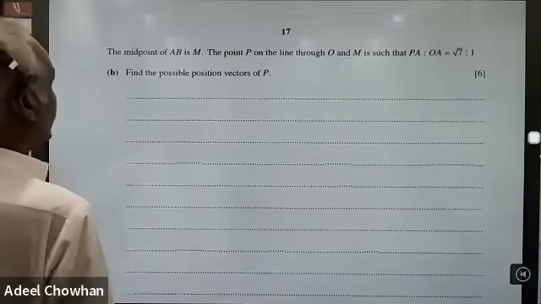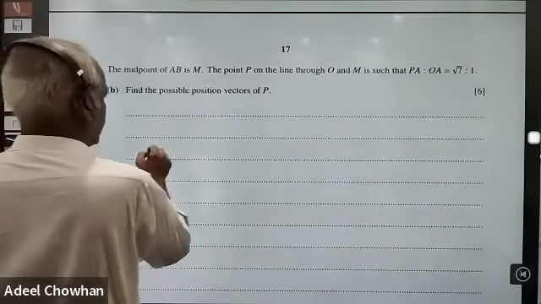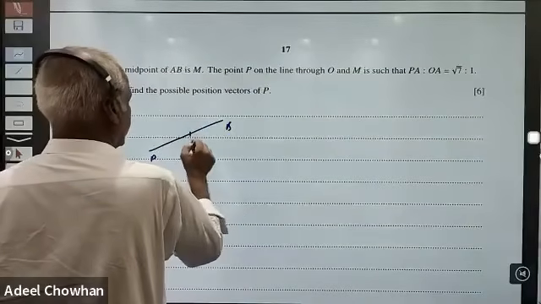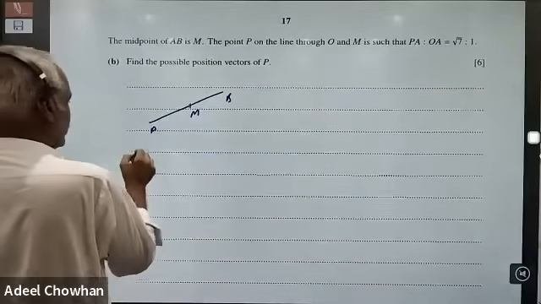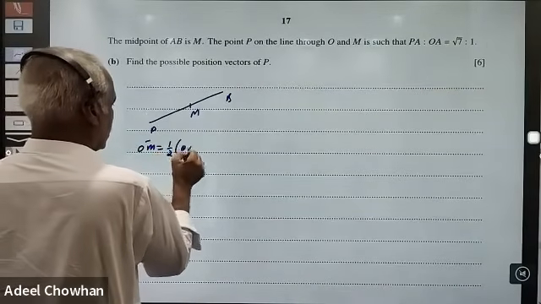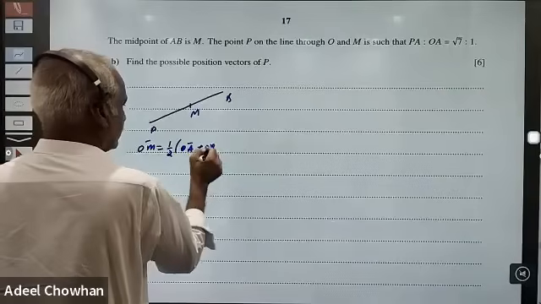Since AB has the midpoint M, let's say that is A, that is B, the midpoint is M. So OM is equal to half of OA plus OB.